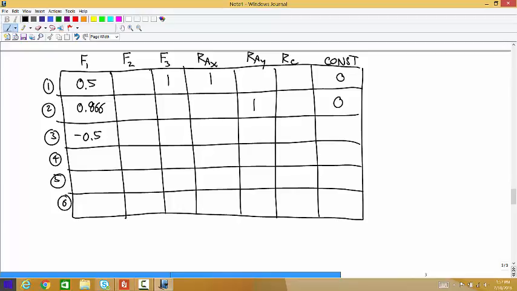Okay. 1 RC and 0. Okay. Can a couple of people solve that one?